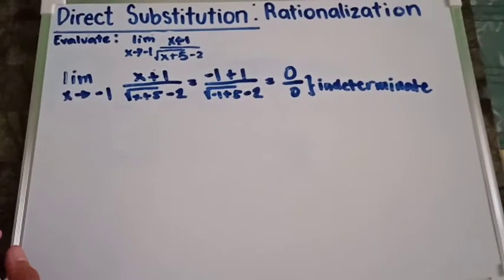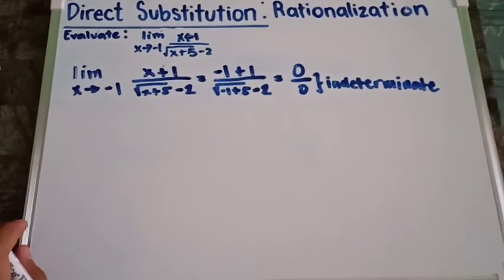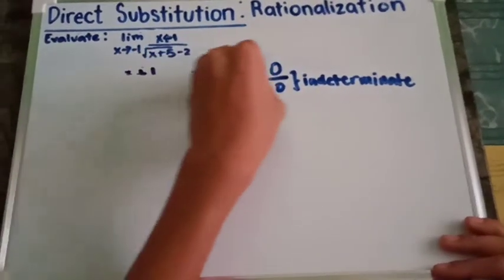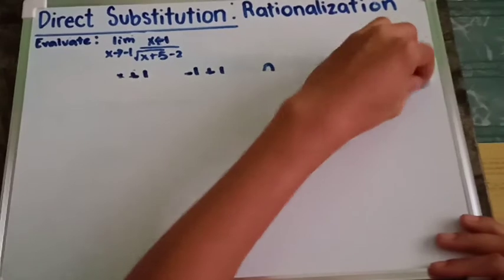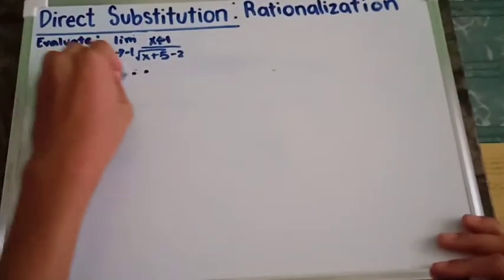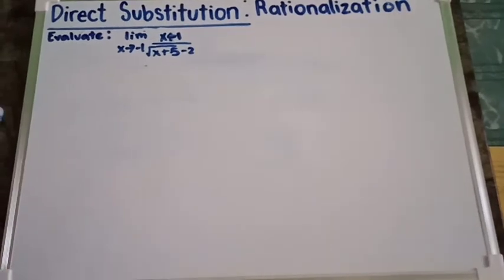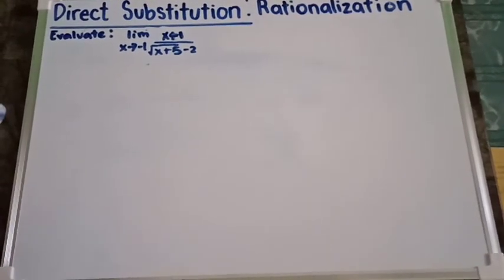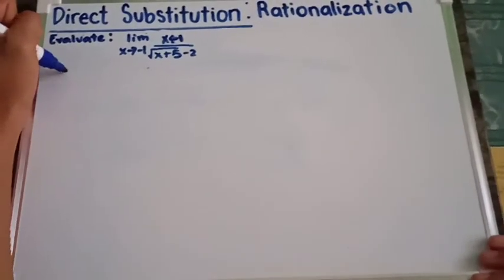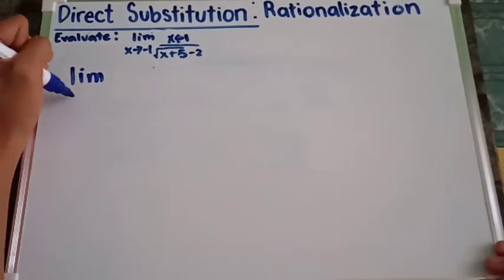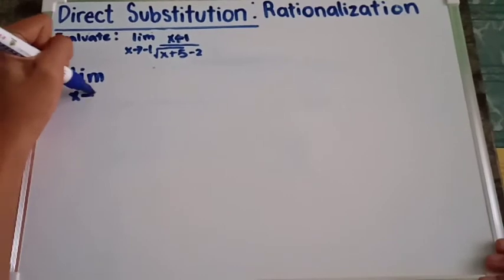So the next thing you do is to multiply the square root of x plus 5 plus 2 to the numerator and the denominator, because you will get the answer easily if you multiply by the conjugate.